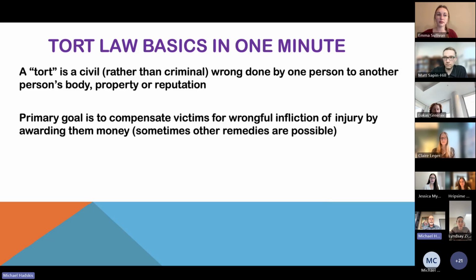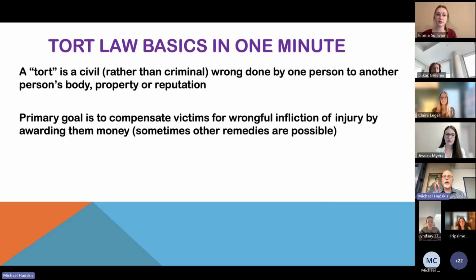The primary goal of tort law is to compensate victims for wrongful infliction of injury by giving them money. There are other remedies that are possible, but that's the primary remedy available.